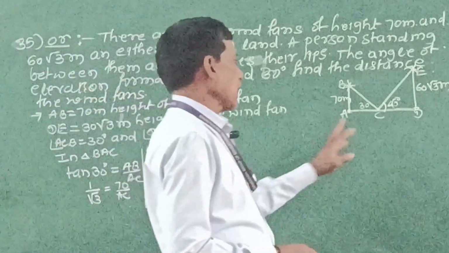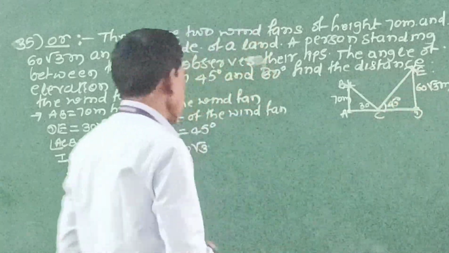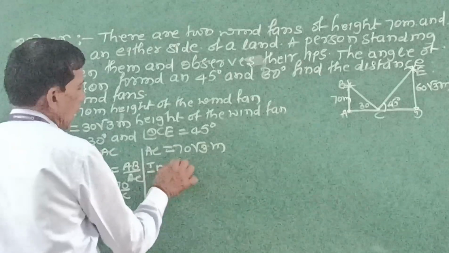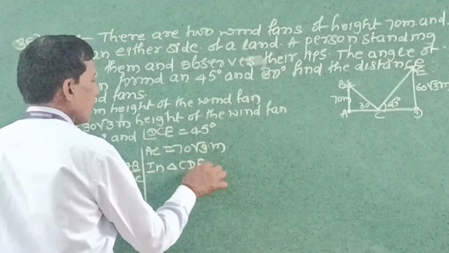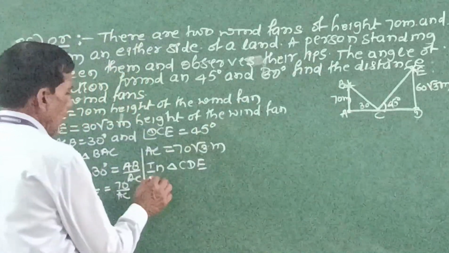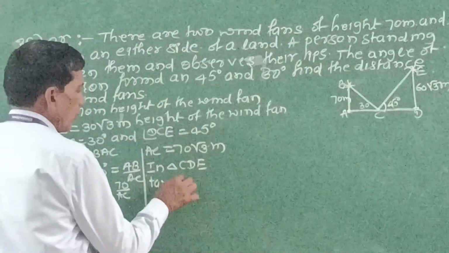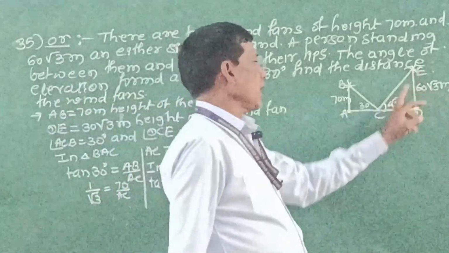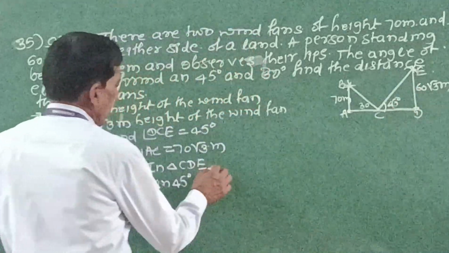Now, in triangle CDE, tan 45 degrees equals DE upon CD.